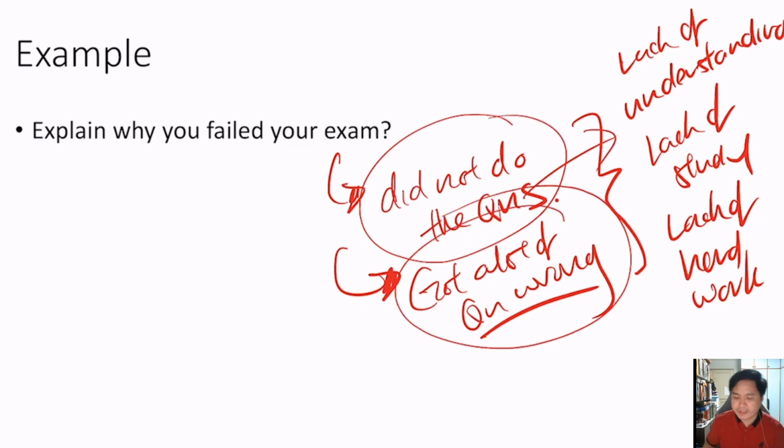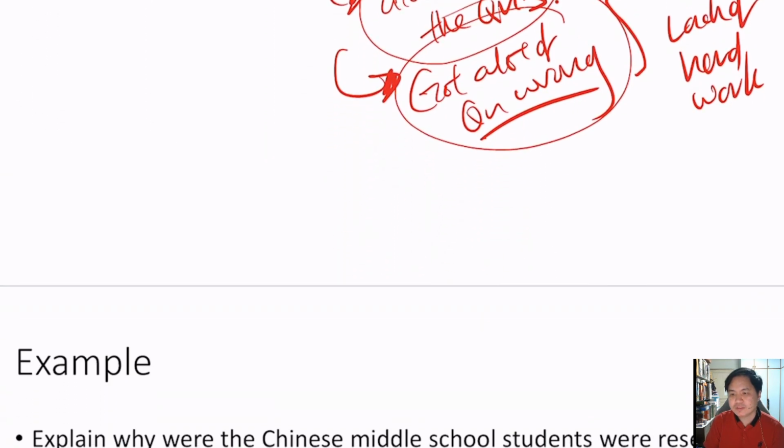And so my implication to explain why I failed is that this shows a lack of understanding, a lack of study, a lack of hard work, which goes back to this. The reason why I got all the questions wrong is because I didn't study, I lacked understanding, and therefore I failed my exam. So a clear PEEL paragraph.